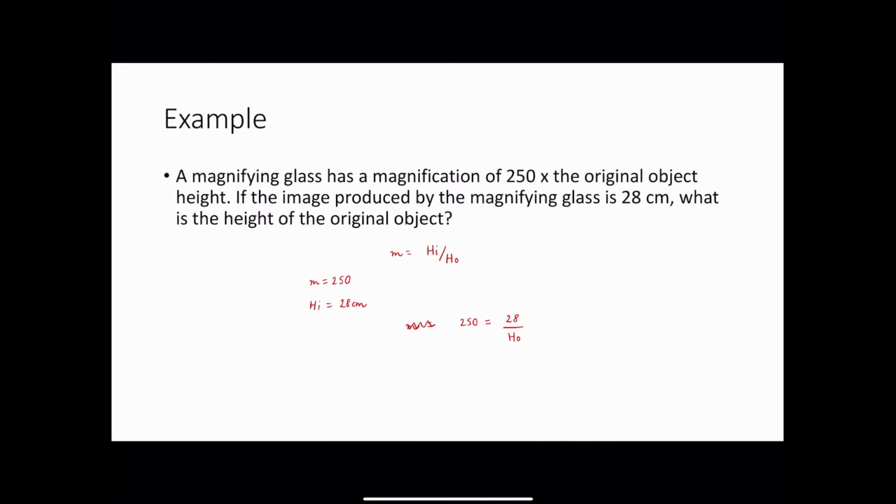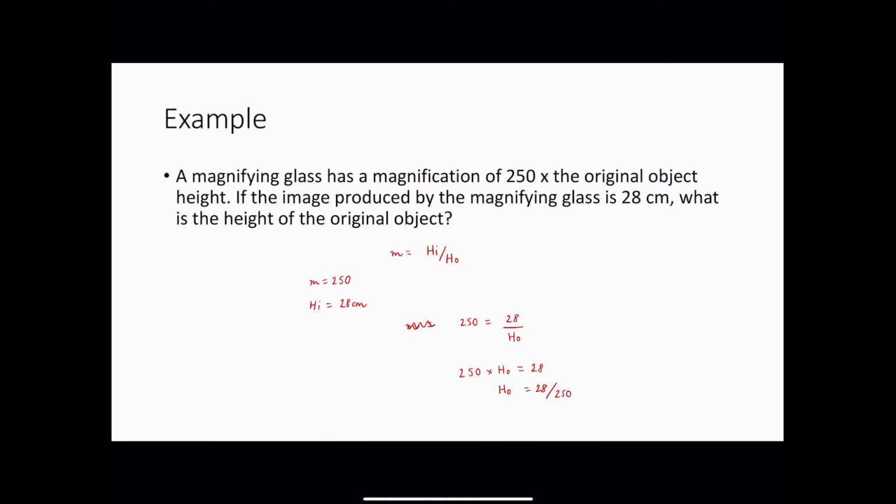Okay, so to do that, I'm going to have to times both sides by HO. Okay, so 250 times object height is equal to 28. And then to get HO by itself, I'll divide both sides by 250. So HO is equal to 28 divided by 250.